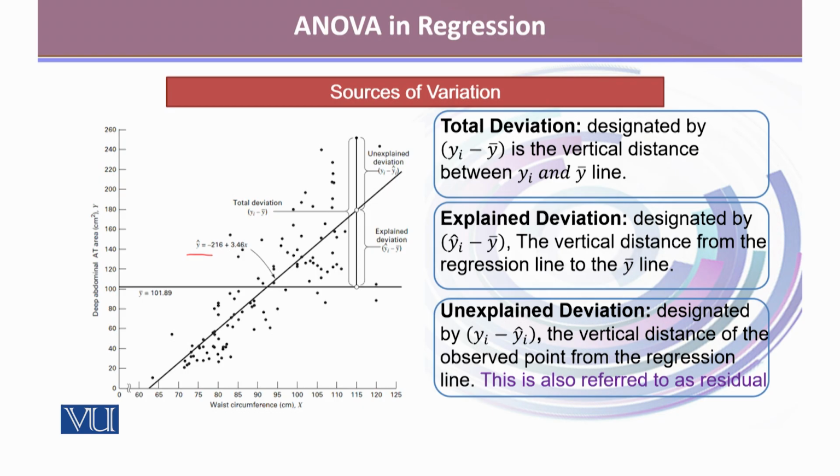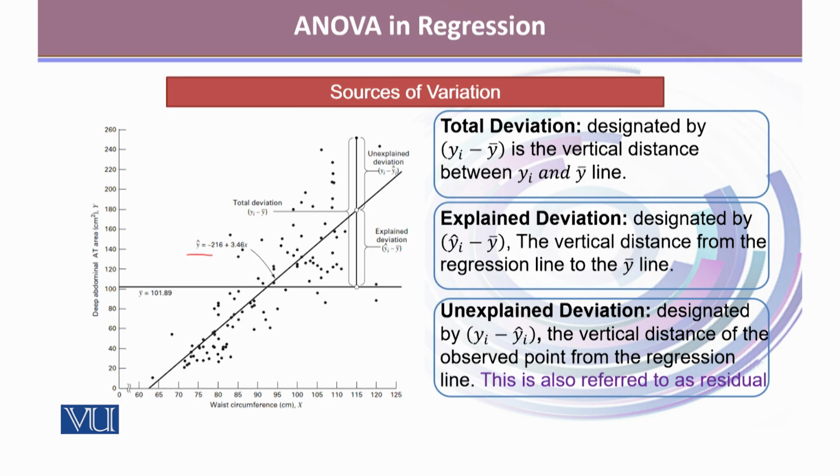To account for all this variation in the data, we talk about three types of deviations. The first one is the total deviation, which is designated by yi minus y bar, which is the vertical distance between yi, an observed value, and the y bar line, which is the average of the dependent variable.